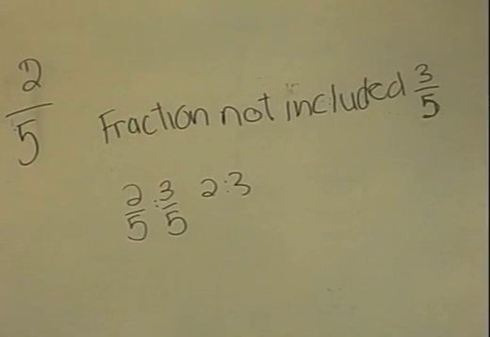Your fraction ratio now would be 2/5 is to 3/5, and the rule says if the denominators are common, we write our numerators as our ratio. Put your hand up if you have got 2:3 as your answer.